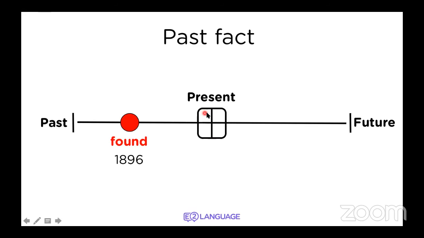Time sort of travels like this through the present and becomes the past. It might be 2 hours ago, might be yesterday, might be 100 years ago, might be 1896, might be 100 million years ago. So everything in the past is here. If we're talking about the past, we use this verb found. They found a fossil in 1896.